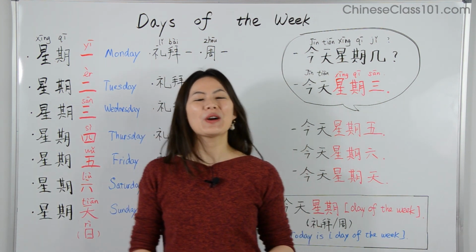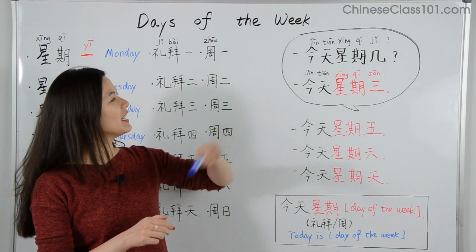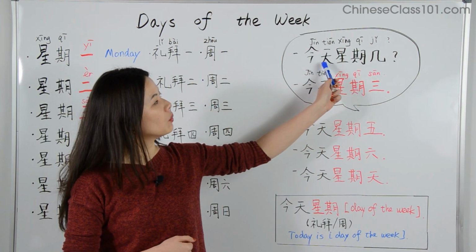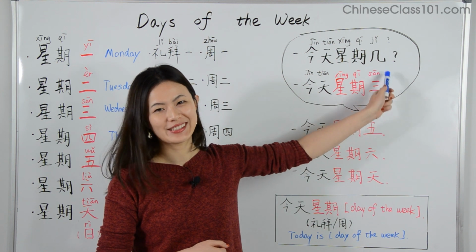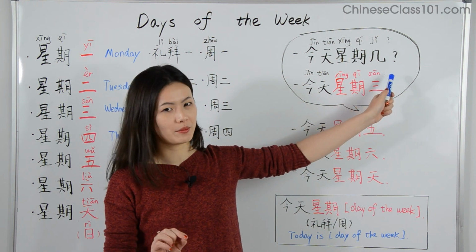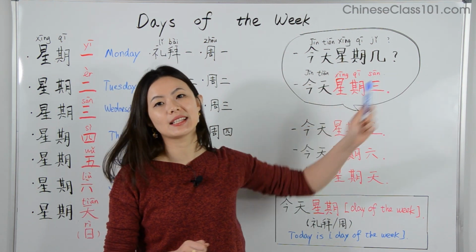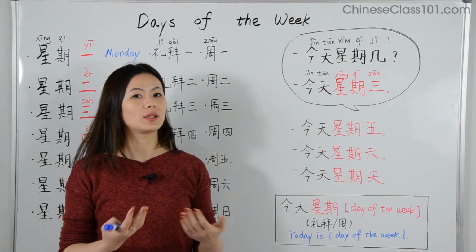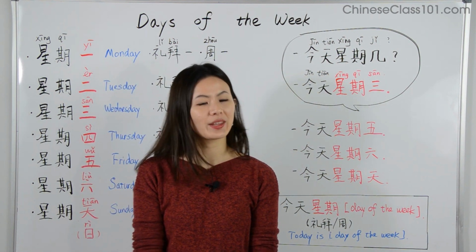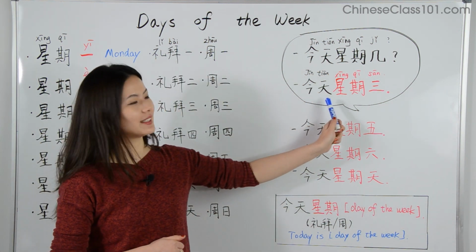So, 星期三 is Wednesday. So, the question 今天星期几 literally means today, week, what number? Okay, 几 is used to ask numbers, especially lower numbers. So 今天星期几 is the standard way to ask what day of the week it is today. And the answer is 今天星期三.